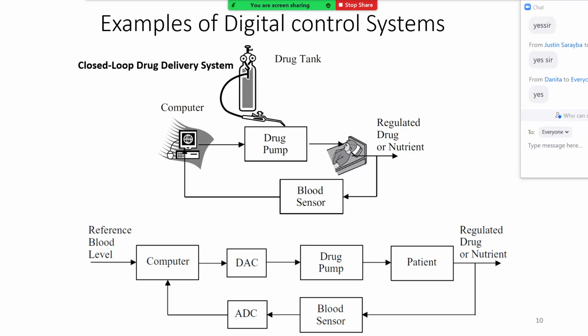The computer will measure and compare and decide on the signal that needs to be applied to the drug pump, and the signal that comes from the computer is converted using a digital to analog converter, and it is applied to the drug pump that is administered to the patient.